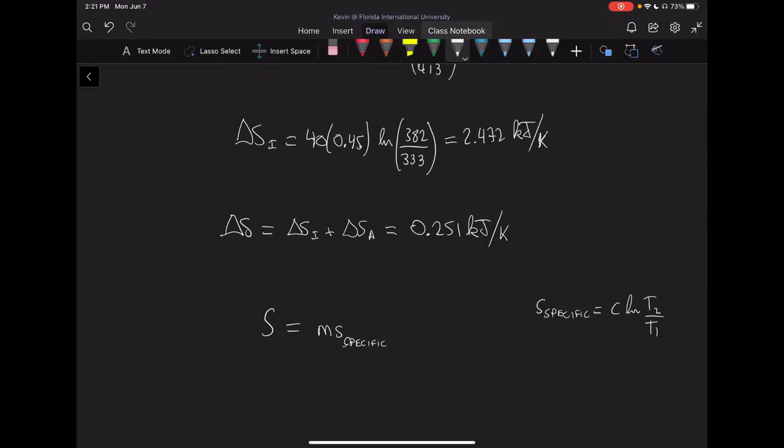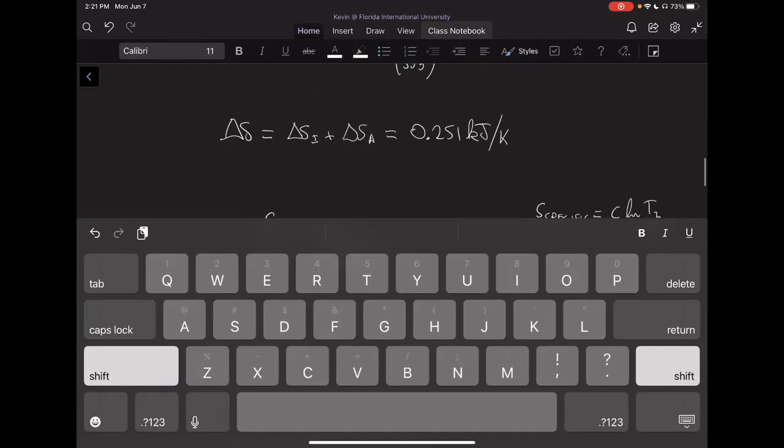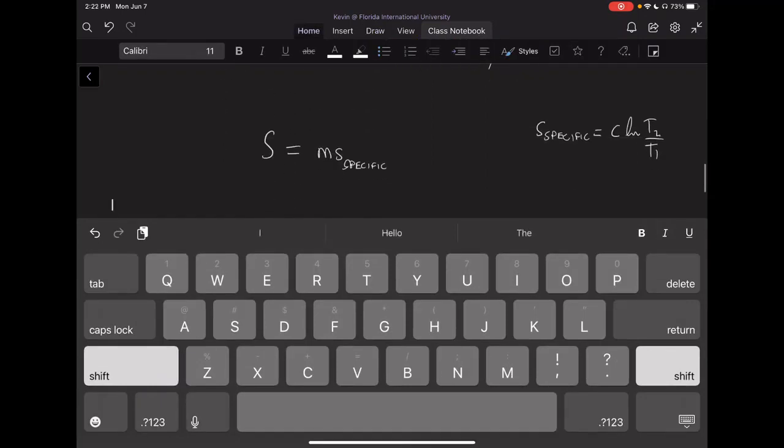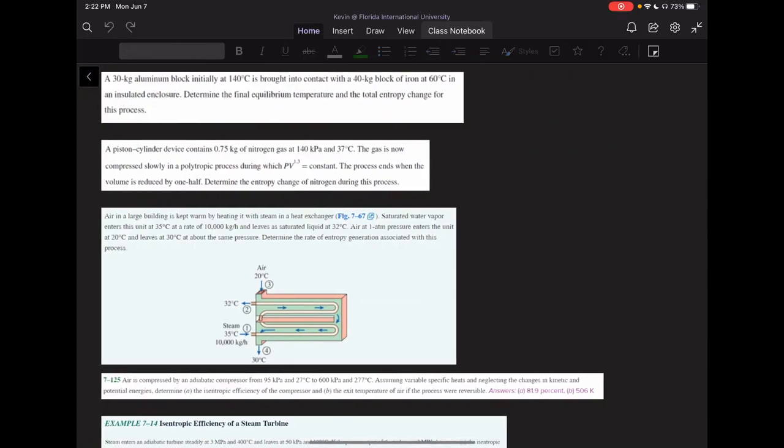So that concludes our first problem. The next problem we're going to do is a problem using ideal gases. Let me copy it over from our handout.